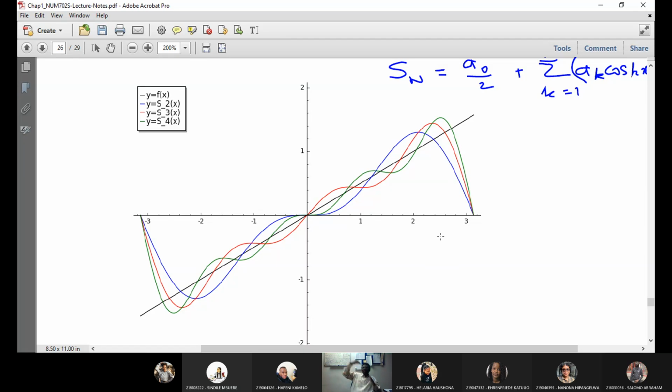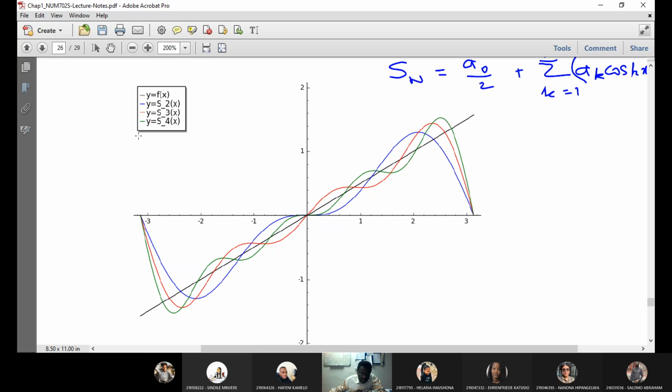As you increase the number of terms, you see that from this blue, the next one, S3, is the red one. Now you see that the red one has more oscillation, meaning that it's getting closer, right?